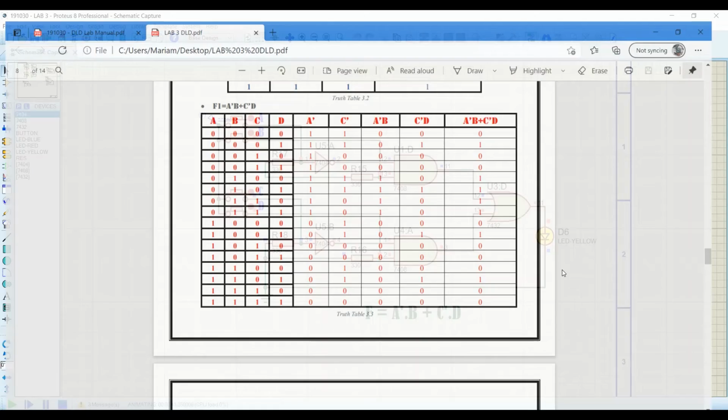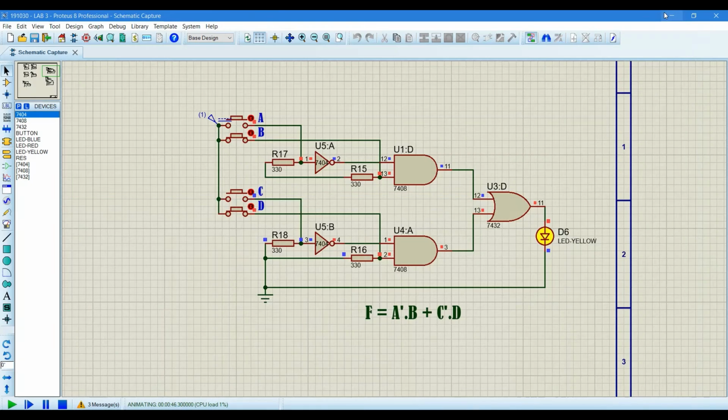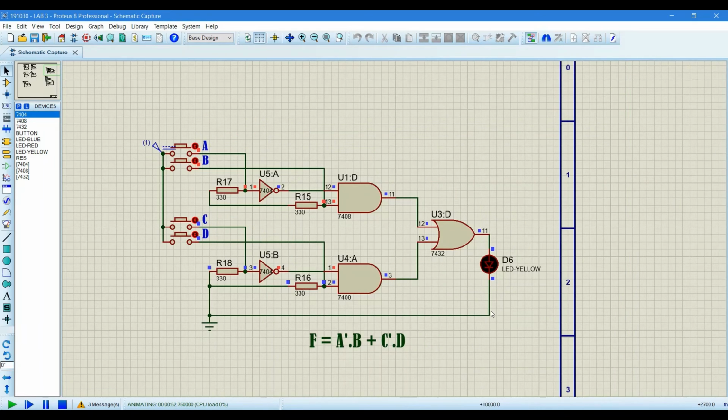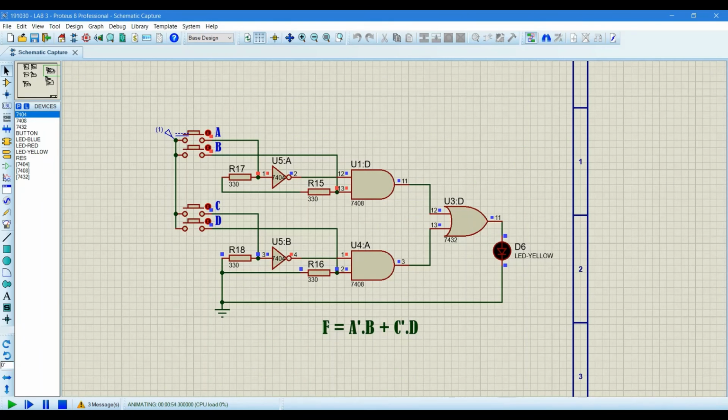Let's check another combination, like 0000. All zeros, and the LED is off, as it is shown by the truth table.